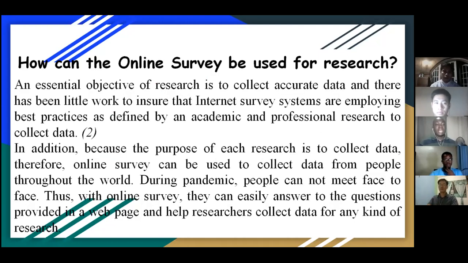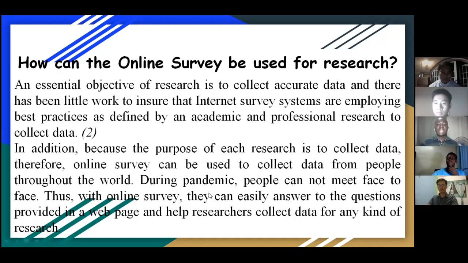So concretely, how can the online survey be an effective tool for continuing doing research during a pandemic time? As we know, an essential objective of research is to collect accurate data. Because of that, online survey can be used to collect data from people throughout the world.